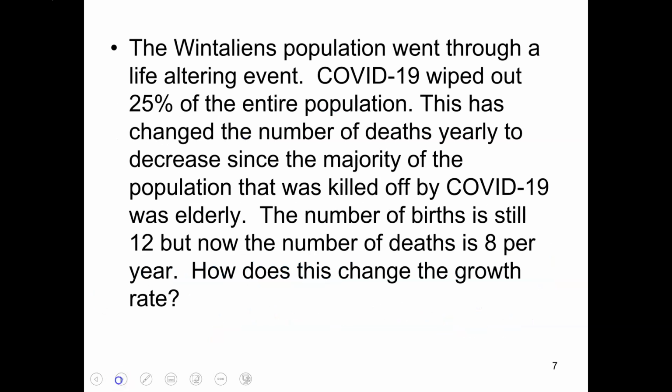Now let's look at that same population. They went through a life-altering event. Let's just say that COVID-19 wiped out 25% of the entire population. So Wendtellians are very affected negatively by COVID-19.